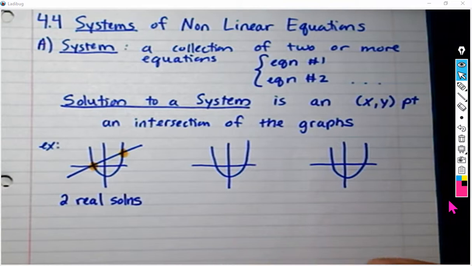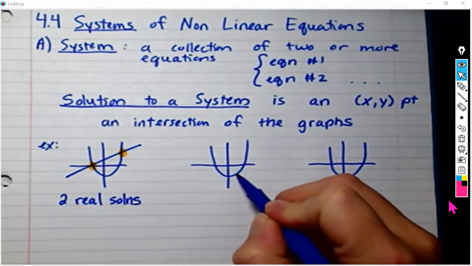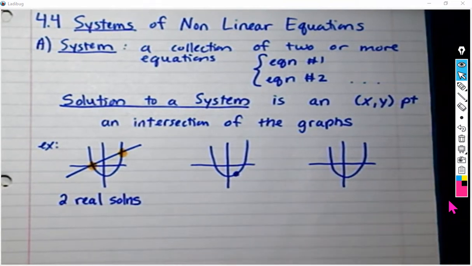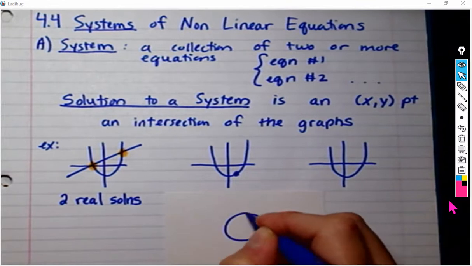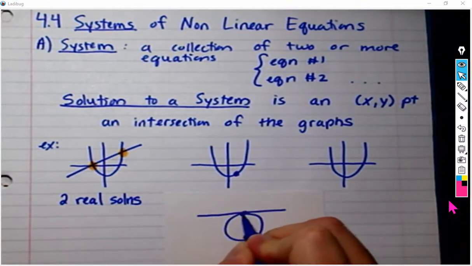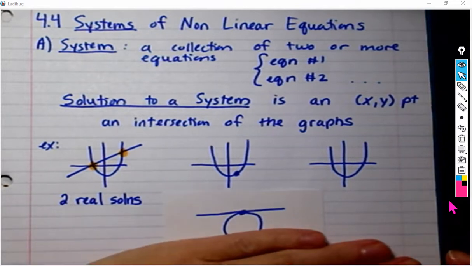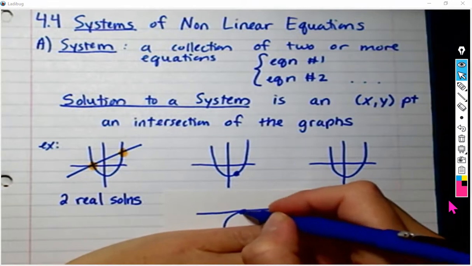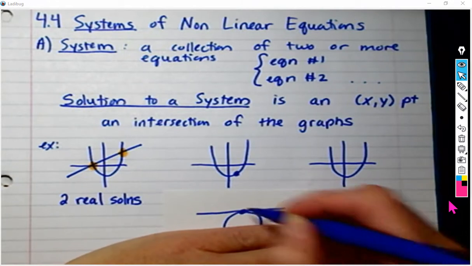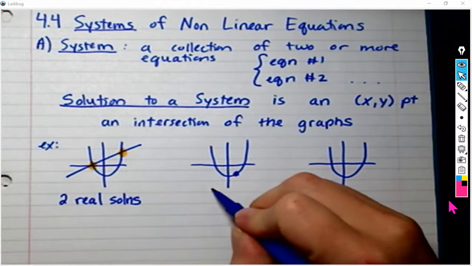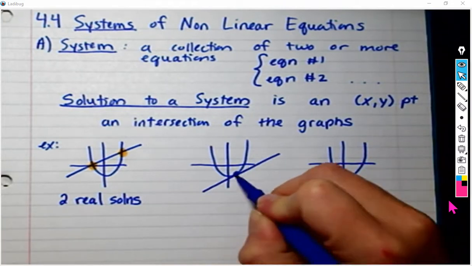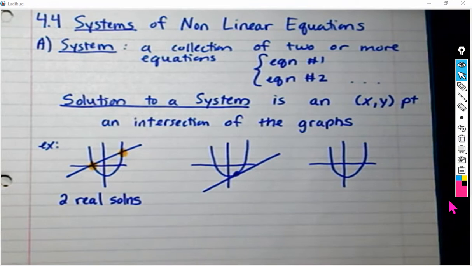Okay, on the middle picture, we're going to draw a tangent solution, which means if you remember geometry, okay, tangent is when that line just touches the edge of the circle. Well, if I cover this part up, it looks like tangent is when it just barely touches the edge and keeps going. So we're going to draw a line that just touches the edge of the parabola, touches it once.